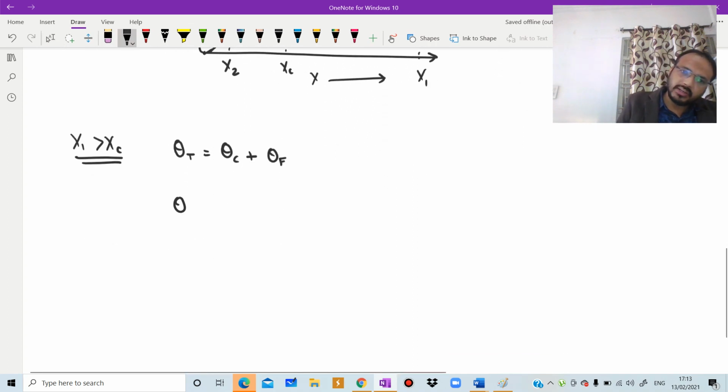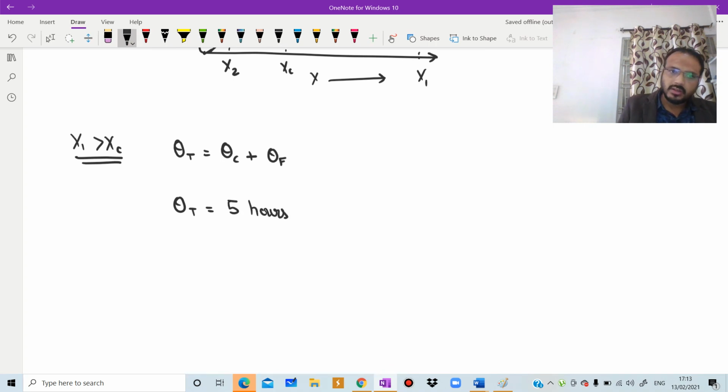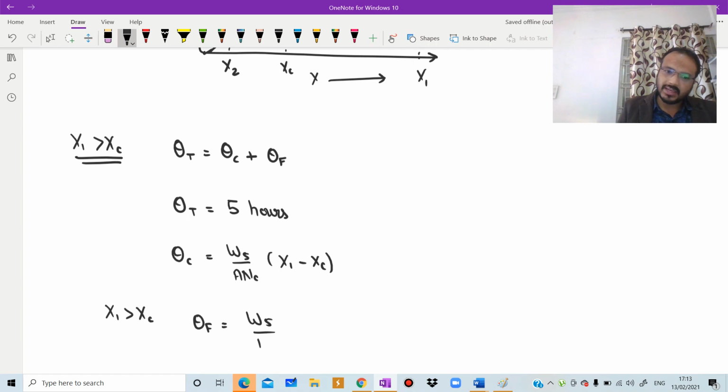In the question, it is given that theta t is equal to 5 hours. The value of theta c is equal to Ws by A Nc times x1 minus xc for constant drying. When x1 is greater than xc, theta f is equal to Ws by A Nc times xc minus x star ln of xc minus x star divided by x2 minus x star.